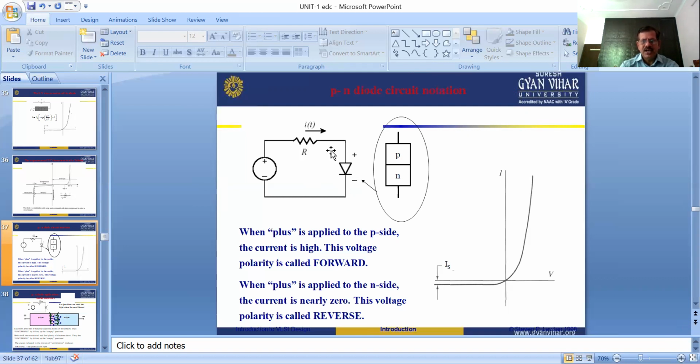Here is the PN junction diode and a resistance, and here is the external applied voltage or biasing voltage across the PN junction. When plus is applied to the P side, the current is high. This voltage polarity is called forward. When plus is applied to the N side, the current is nearly zero. This voltage polarity is called reverse. These are the reverse polarity and forward polarity in the PN junction diode.